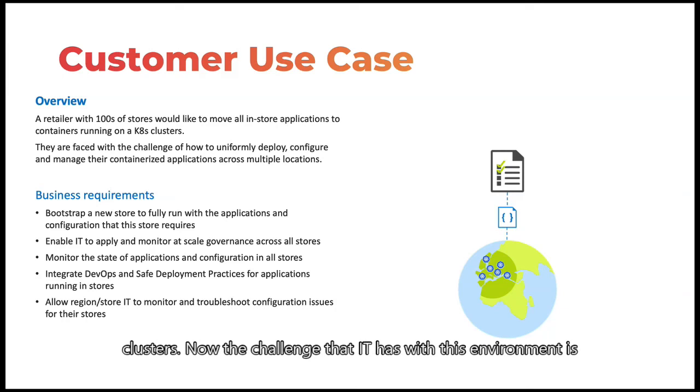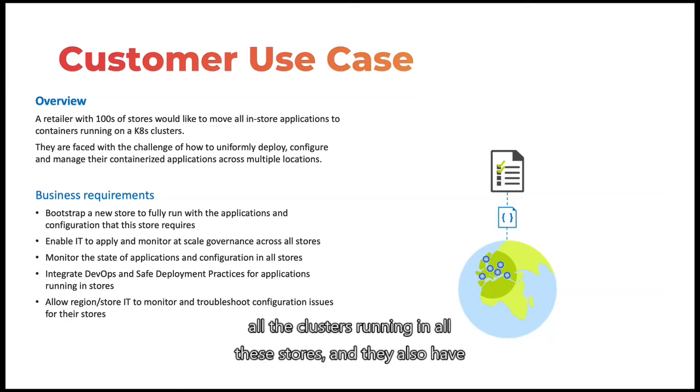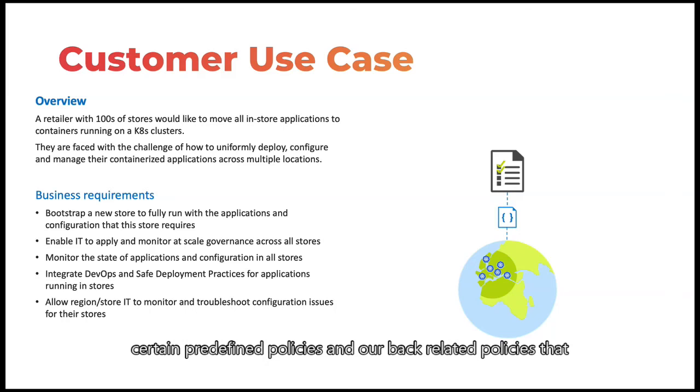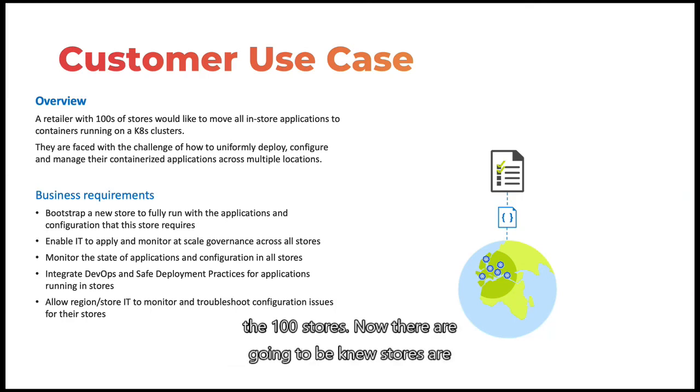Now, the challenge that IT has with this environment is ensuring that the applications are deployed consistently across all the clusters running in all the stores, and they also have certain predefined policies and RBAC related policies that are deployed, and they're extremely consistent across all the 100 stores.